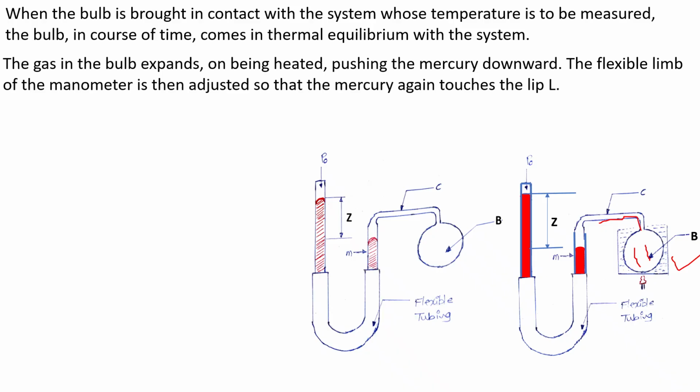During expansion, the gas exerts pressure on the mercury. This leads to pushing the mercury downward on one side, and then due to the flexible tubing, the other side of the mercury rises.